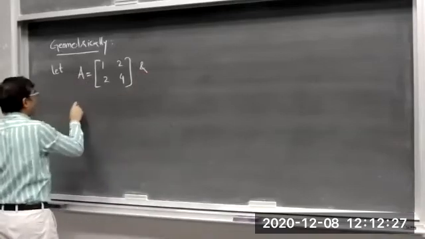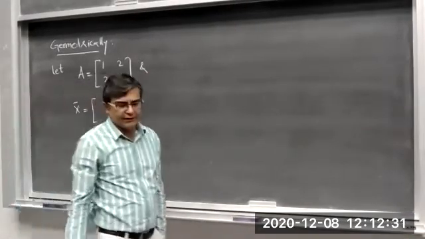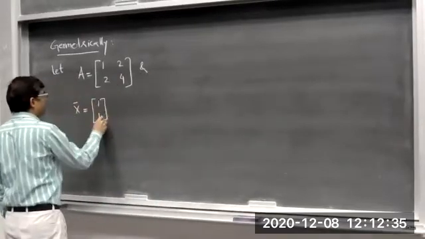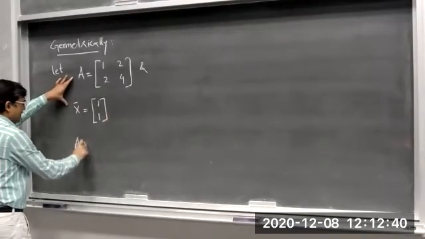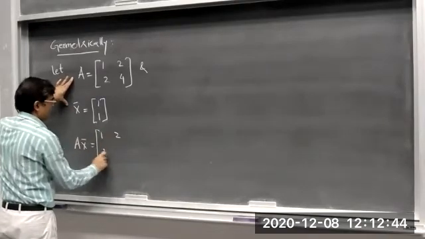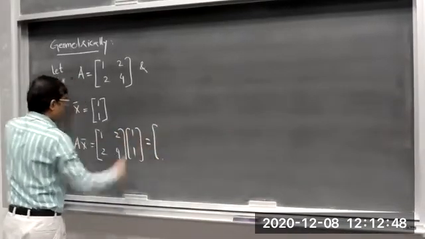And we have a vector X, which is [1; 1]. If we multiply these two things, A times X, what do we obtain? [1, 2; 2, 4] times [1; 1]. What do we get here?